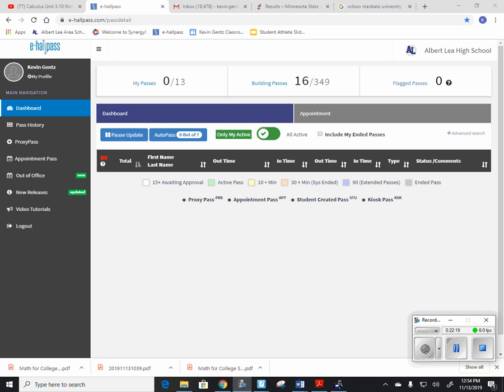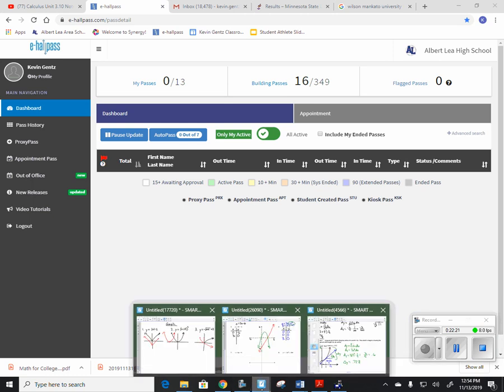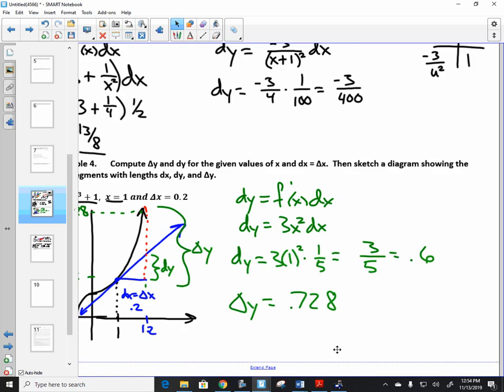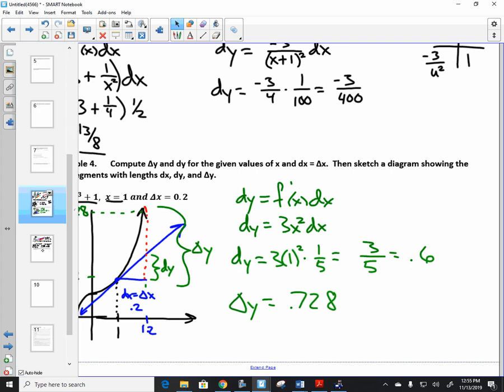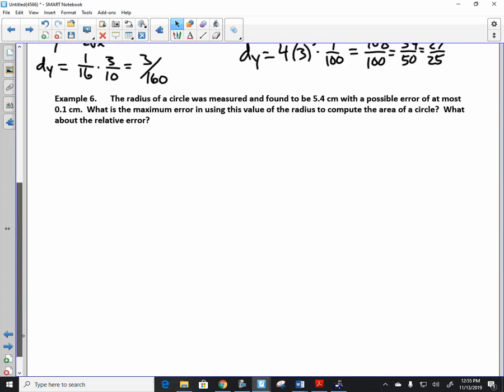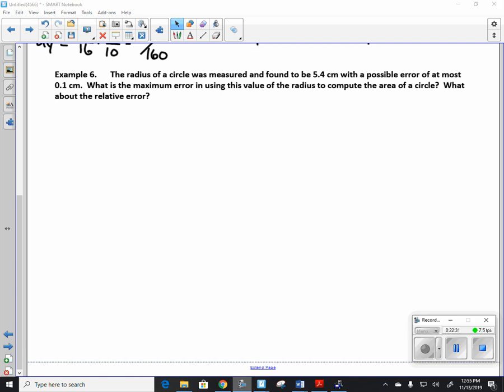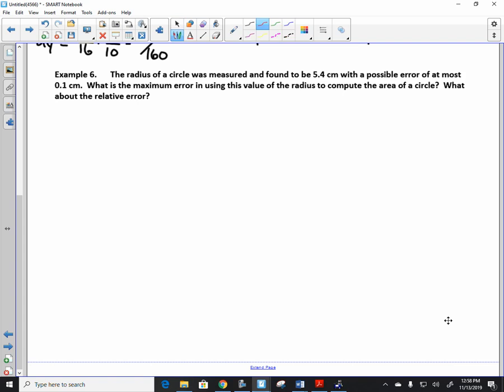Okay, last example. Turn to your notes to the last problem. So, anything that has the shape of a circle, I use the example of a disk drive. Radius of the circle was measured and found to be 5.4 centimeters.